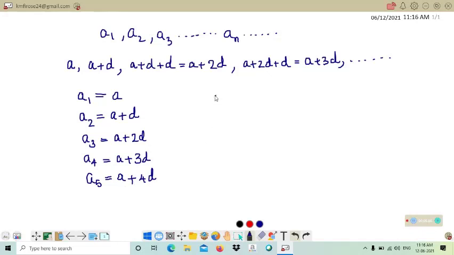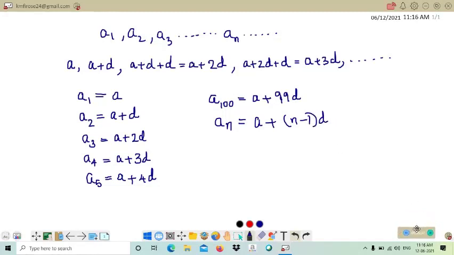Then what will be the 100th term? It will be a plus 99d. In the same way we can write the nth term, the general term. It will be a plus, see here 100, here 99, so here n, here we will have n minus 1 into d.